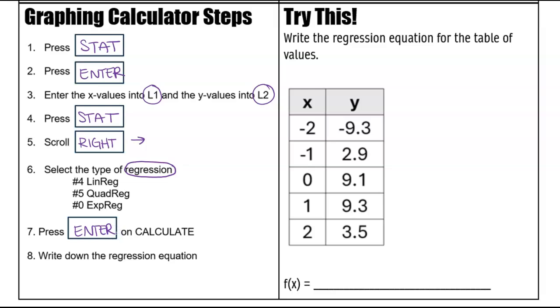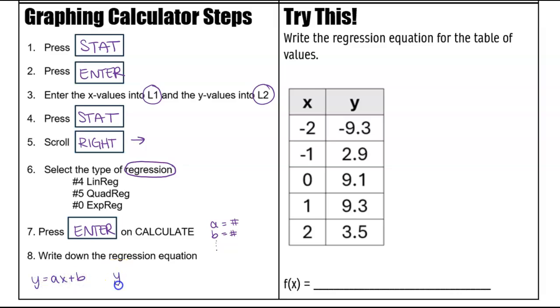And sometimes depending on your calculator, it might require you to press enter multiple times until you get something that has an A equals, B equals, et cetera, and you see some numbers. So you should have numbers on your screen to know you're done. Then you're going to write the equation. If we have a LinReg, it's going to look something like ax plus b.